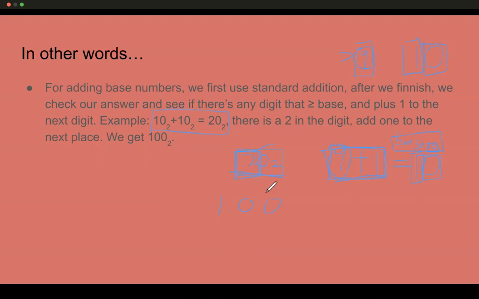In base 2, there can't be any digit that's larger than 1. 1 in this case is similar to 9 in base 10. What this means is that we can't have any number that's greater than 1, by the same logic that there can't be any number that's greater than 9 in base 10.